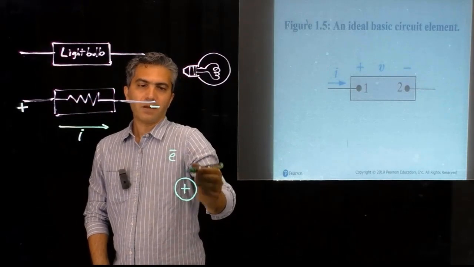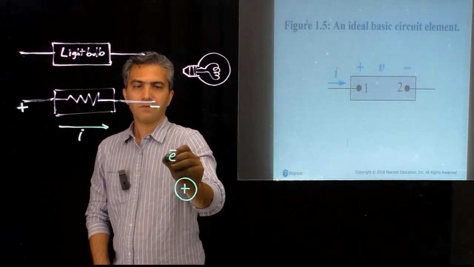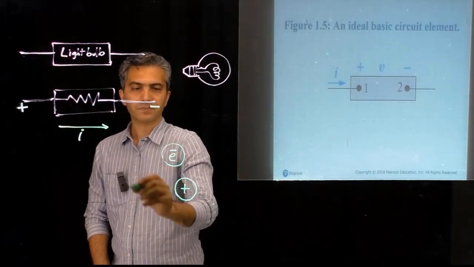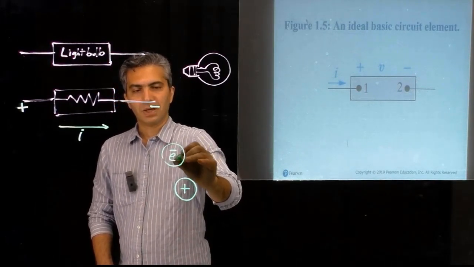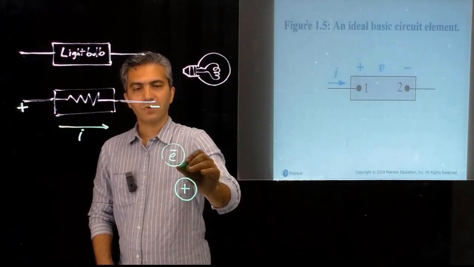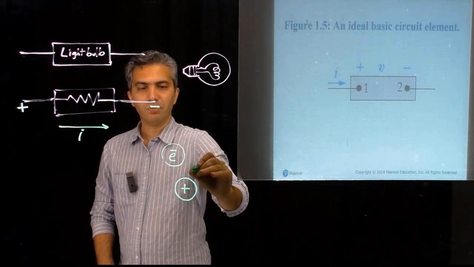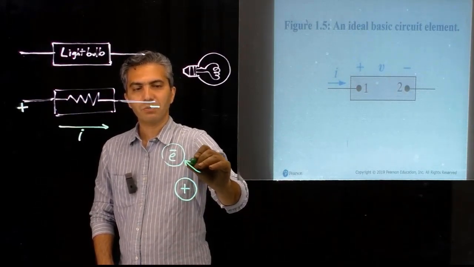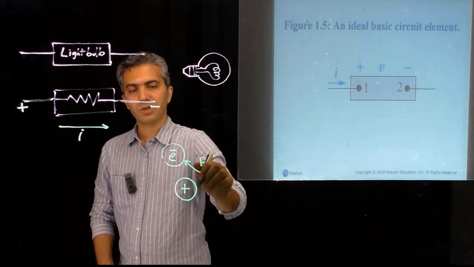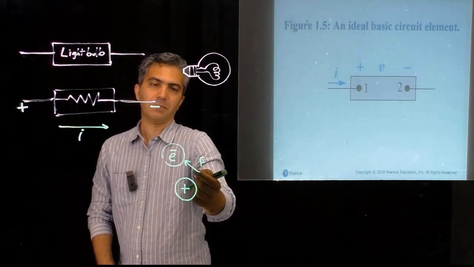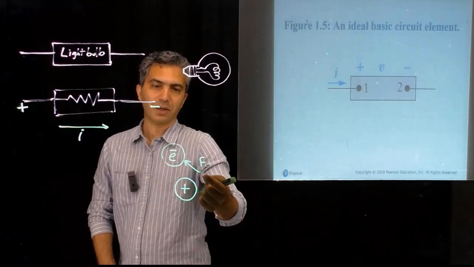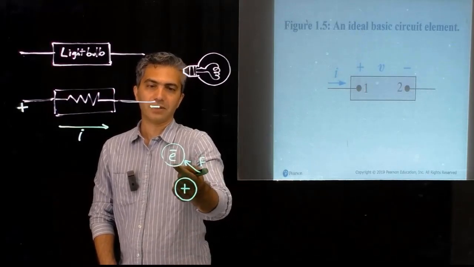Given that, if you have positive and negative charge, because there's an electrostatic force between them, if you want to move these two away from each other, you have to apply force, in other words, you inject energy in the system.